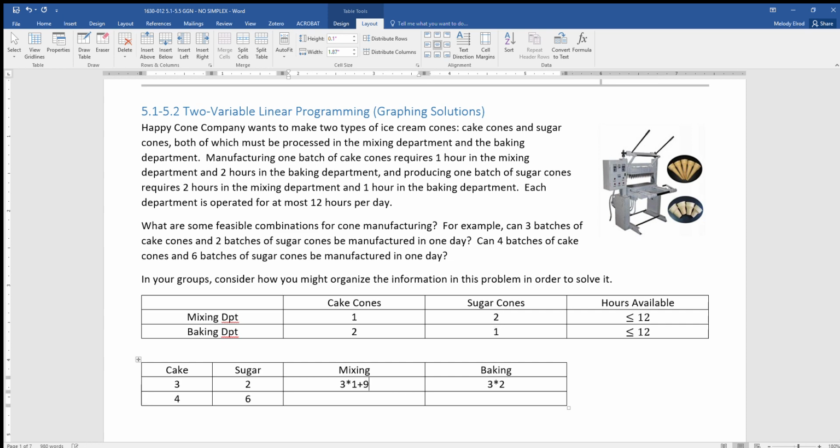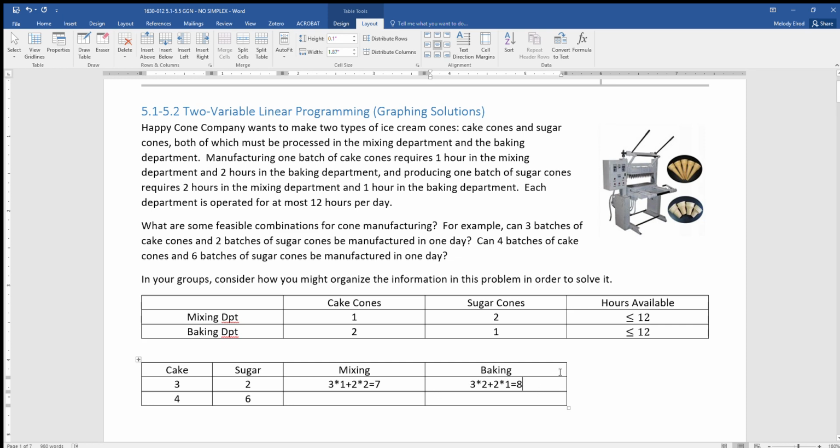So we have to add to that 2 times 2 and 2 times 1 in the baking. So that means that we've got, what is that, 4, 5, 6, 7 hours in the mixing department and 6, 7, 8 hours in the baking department.